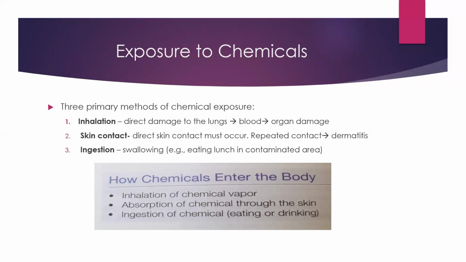Direct skin contact must occur, and repeated contact can cause something like dermatitis. And ingesting, or swallowing, the actual chemical can be a primary method of exposure, like eating lunch in a contaminated area can cause someone to ingest a specific type of chemical. The little figure on the bottom has come directly from your textbook.